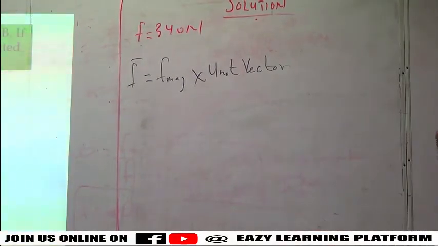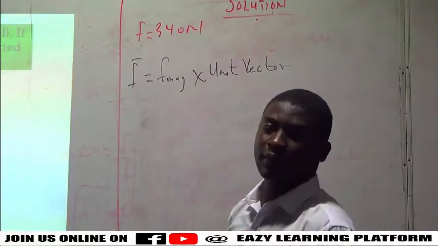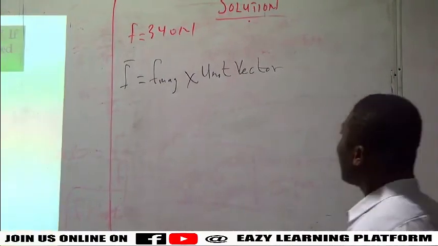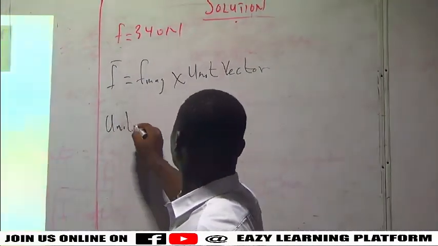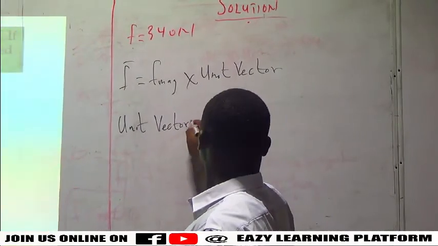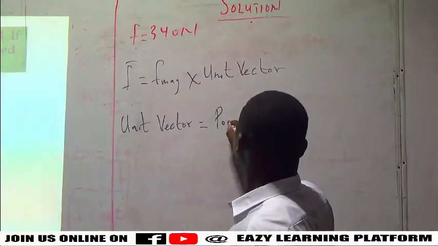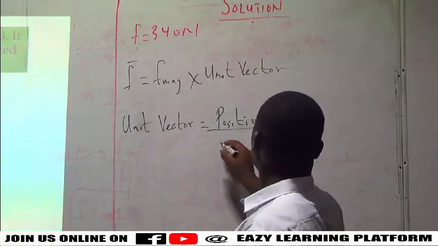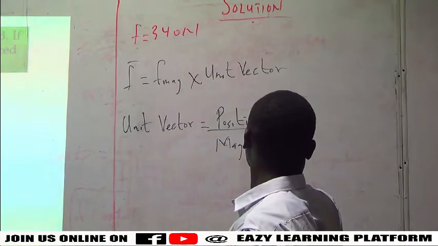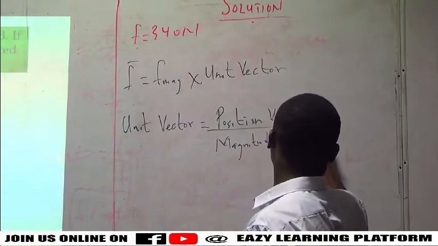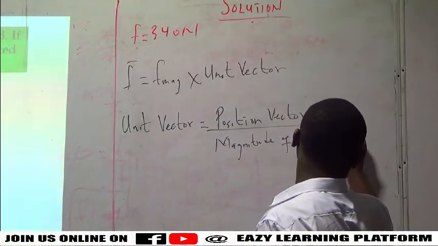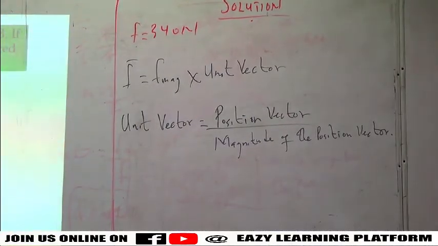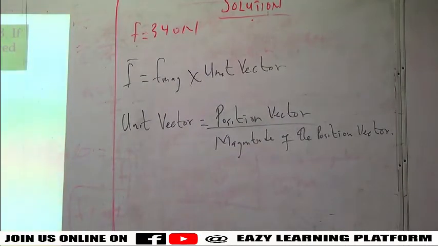What is the unit vector? From the previous lesson, we realized that the unit vector is equal to the position vector over the magnitude of the position vector. So we need to find the position vector.